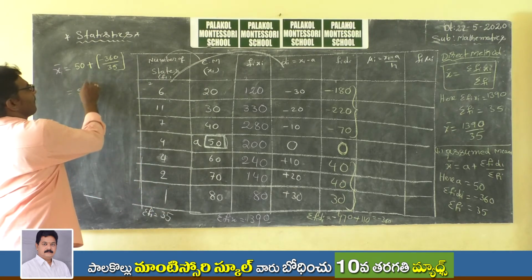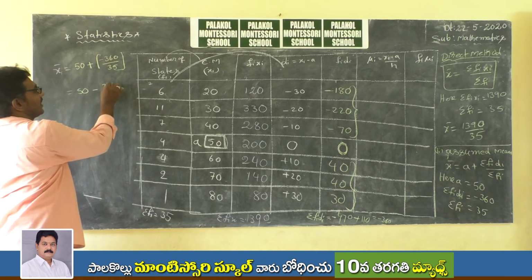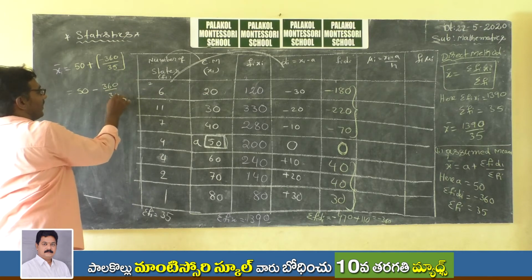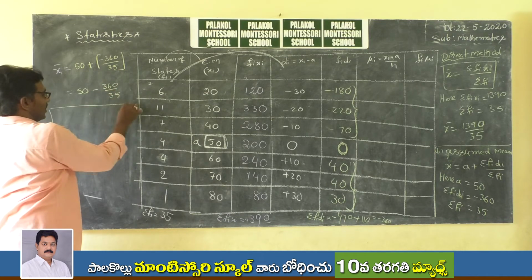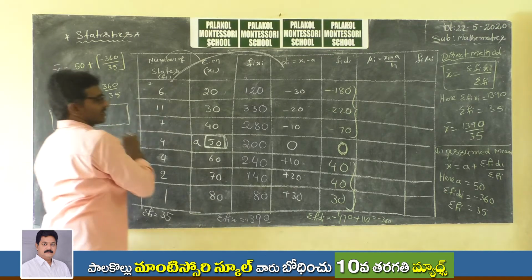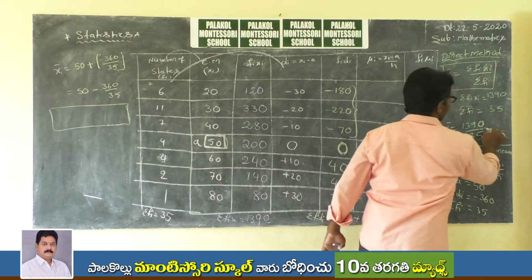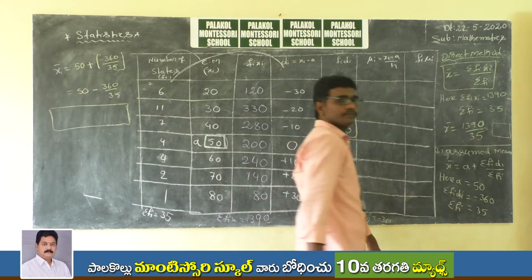So 50 plus minus 360 by 35. Wait, don't calculate this one here.